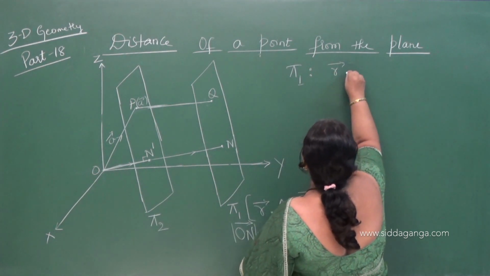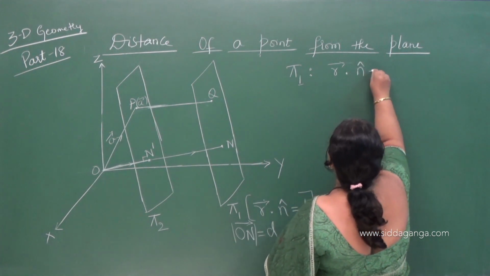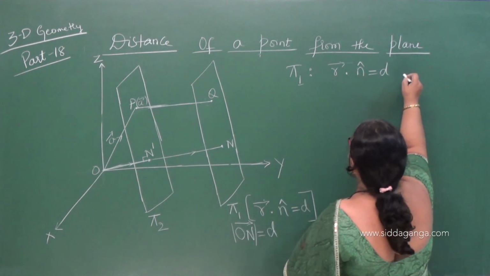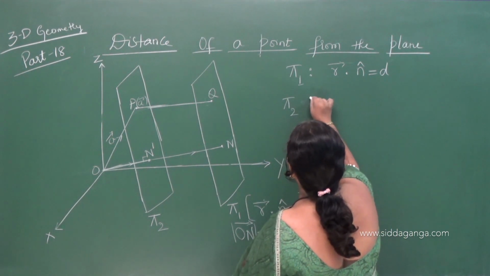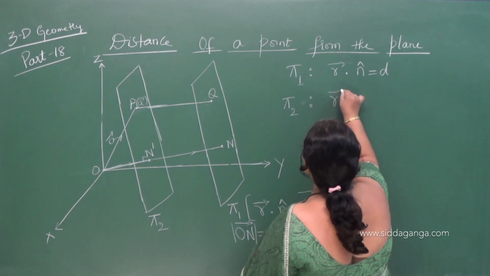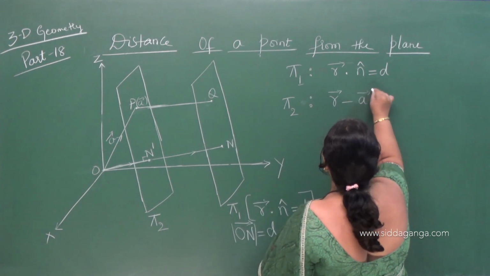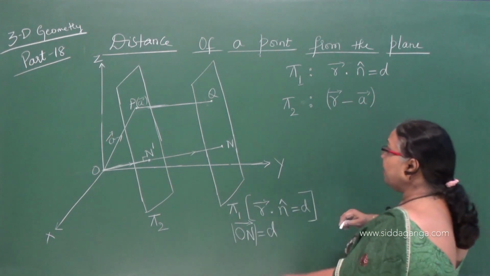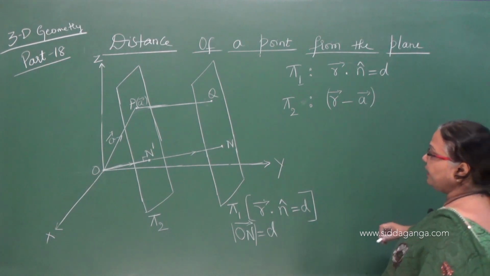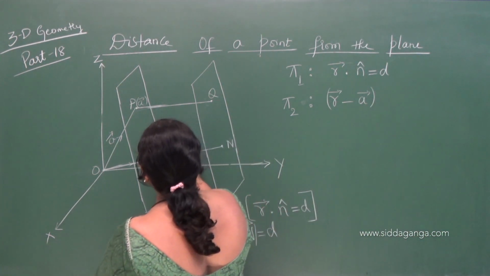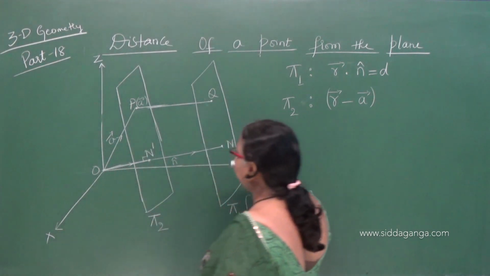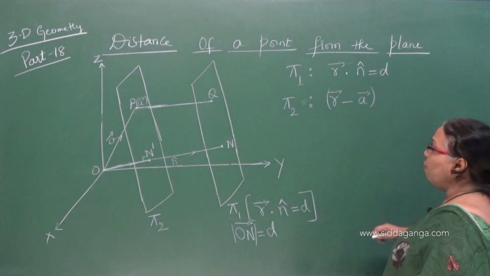So now, the pi 1, the first plane, is taken according to theorem 1. So that is pi 2. Now the equation of the second plane is given by vector R minus vector A. Here n cap is the unit vector along the direction of ON dash as well as ON.